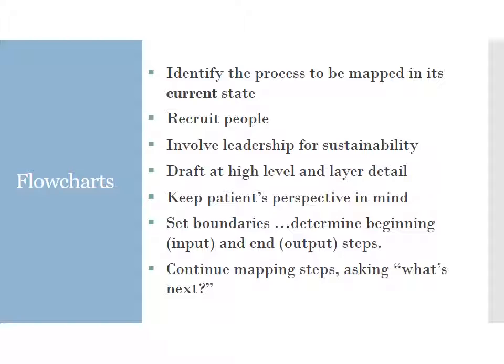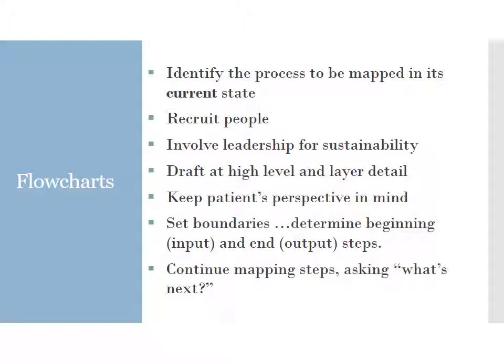It's also important to try and involve leadership at this point so that they know what's happening from the grassroots up and can work to encourage and be a champion for sustainability. Start from the very high-level bird's eye overview and then layer in the degree of detail that's necessary for your process and the steps that you're looking to document.